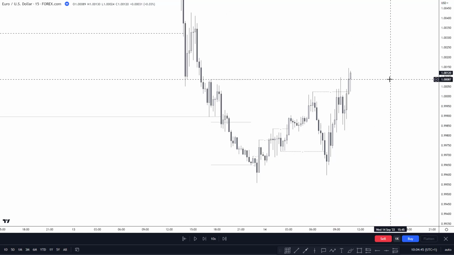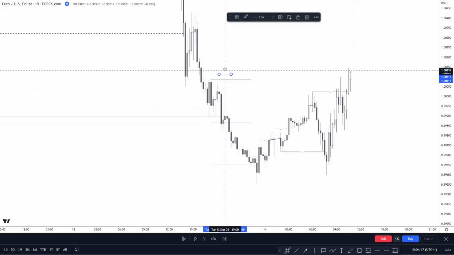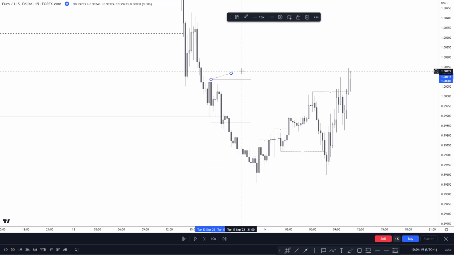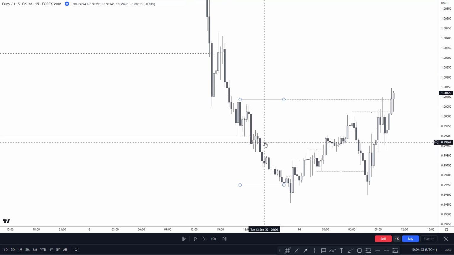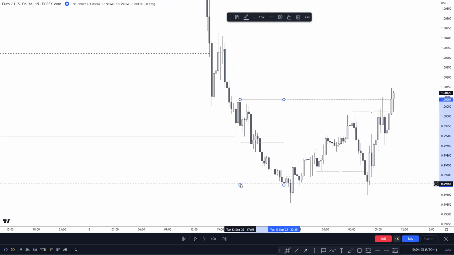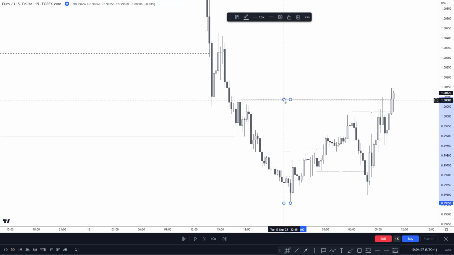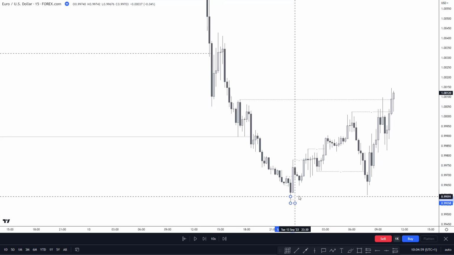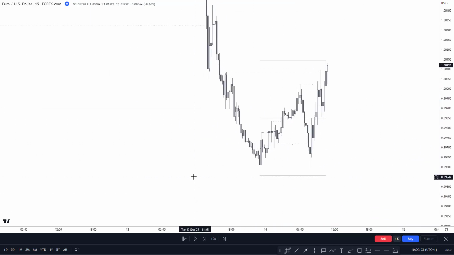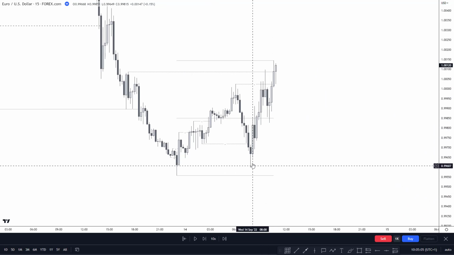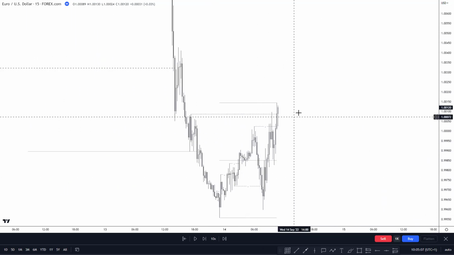And we've also broken above the minor high. Okay, so we have a new minor range from the very lowest point to here, and we have a minor 1 range inside that. That's the last minor 1 range.